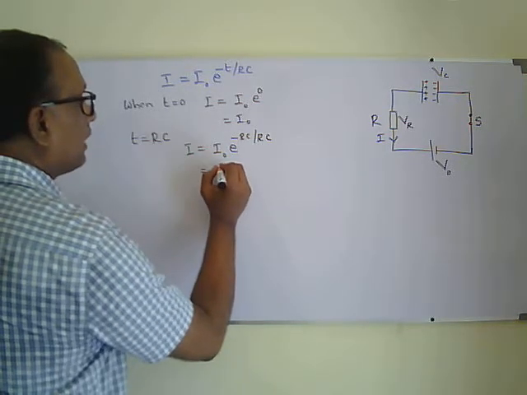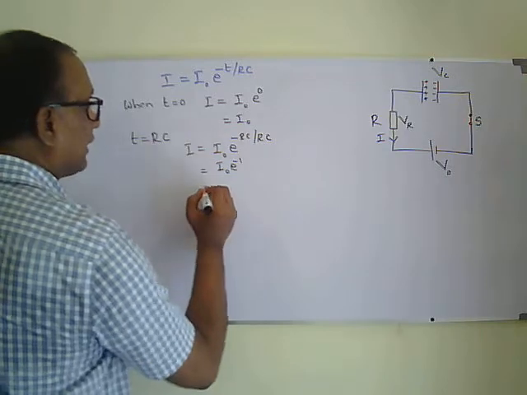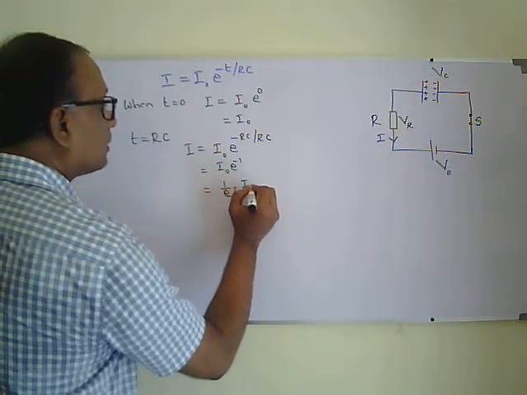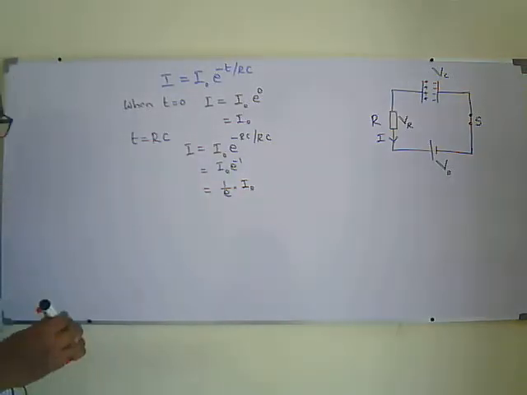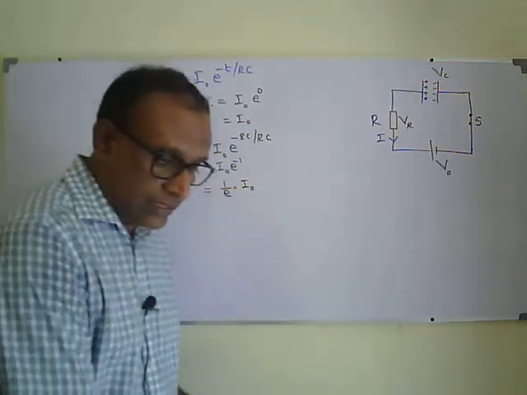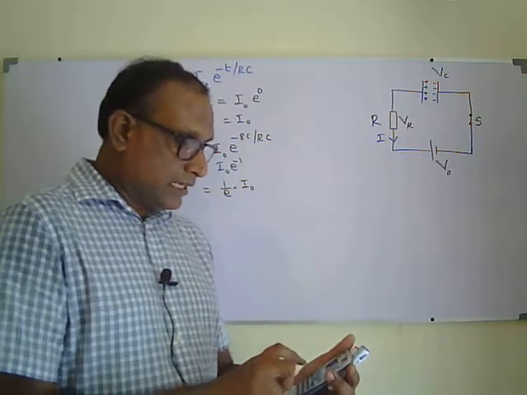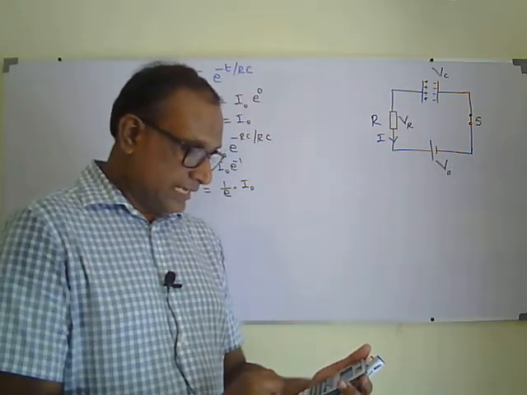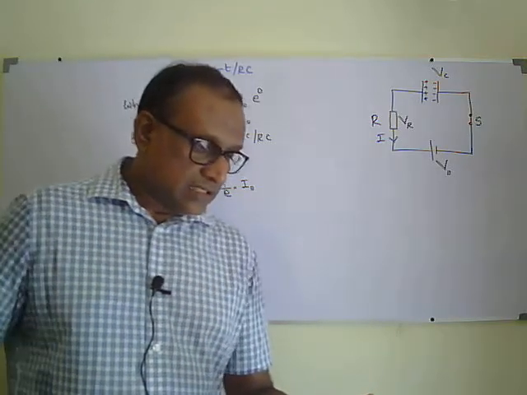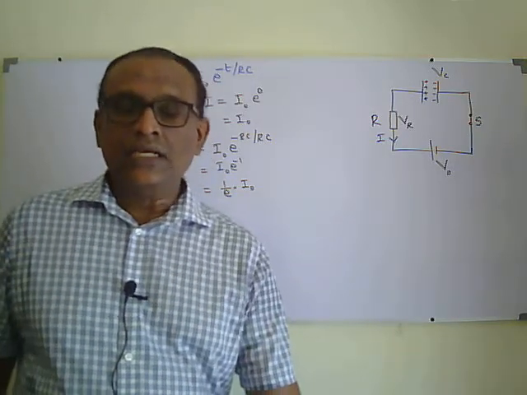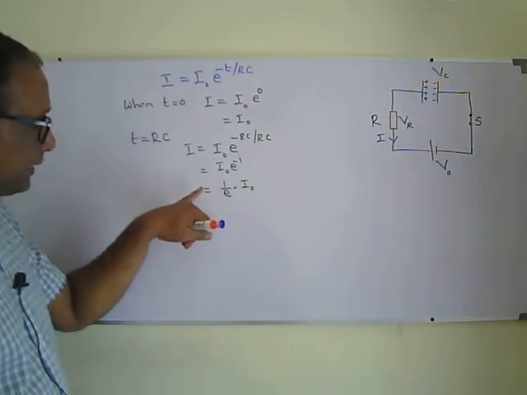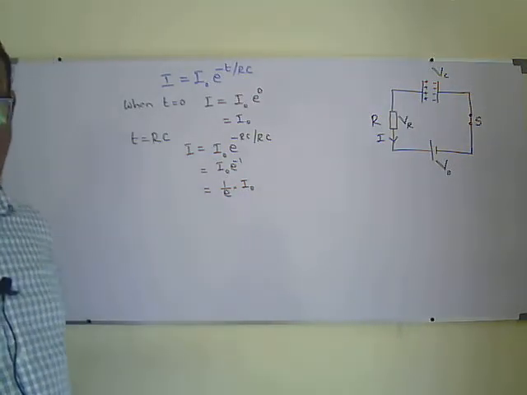That is I naught e to the power minus 1, which is 1 over e of I naught. You can get the value of e in the calculator. The value of e is 2.718.